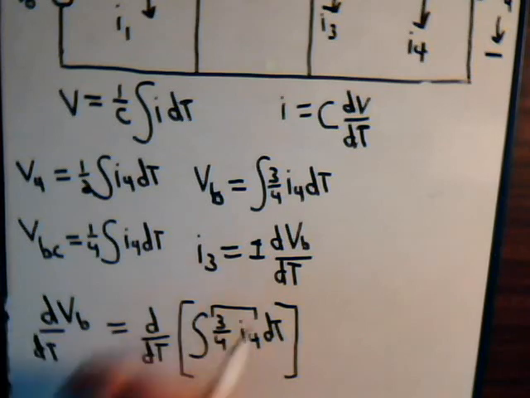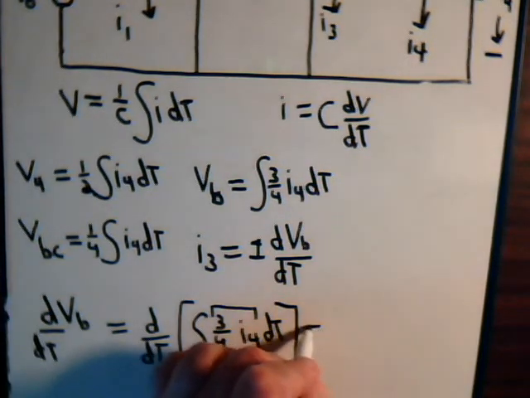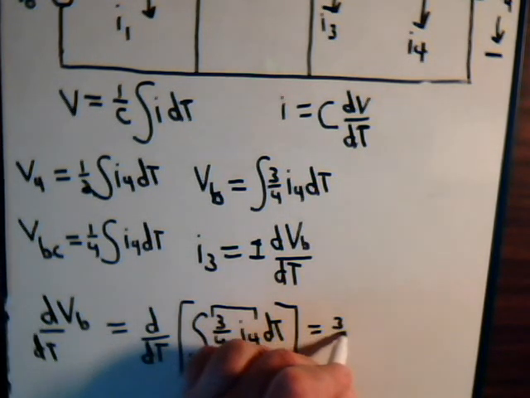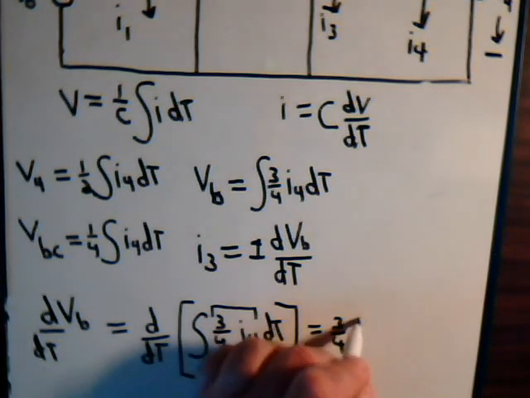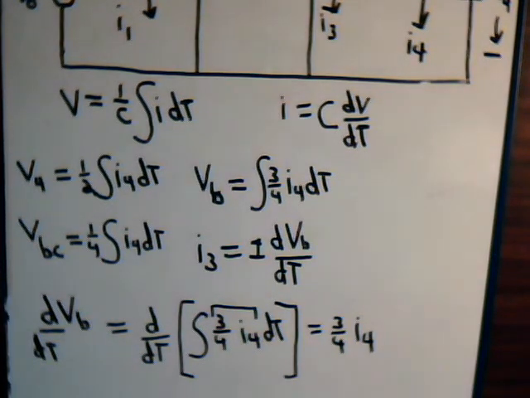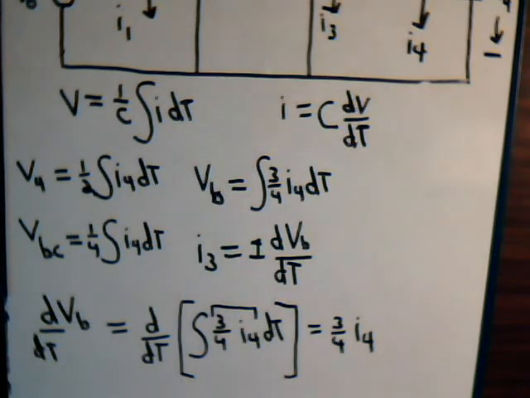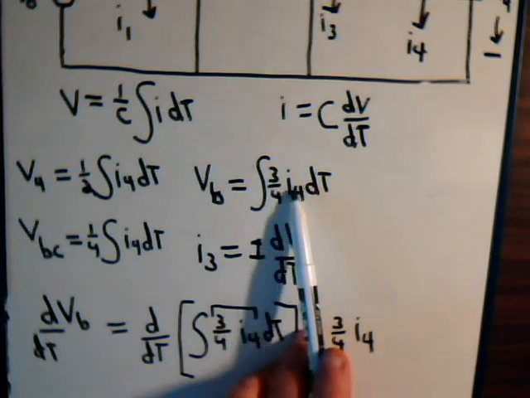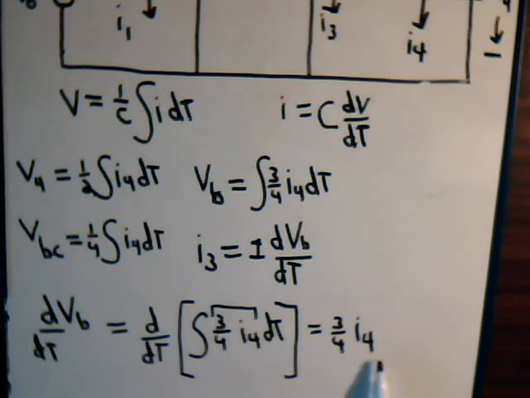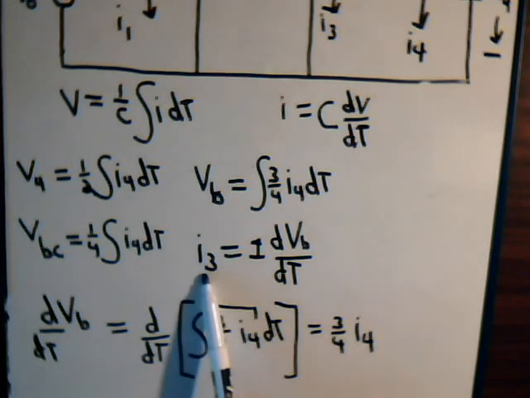So this equals 3/4 times I4. So the derivative of VB is the derivative of this integral. This is what VB is right here. We just derived it. So its derivative is just going to be what's inside the integral. But that does give us a general expression for I3.